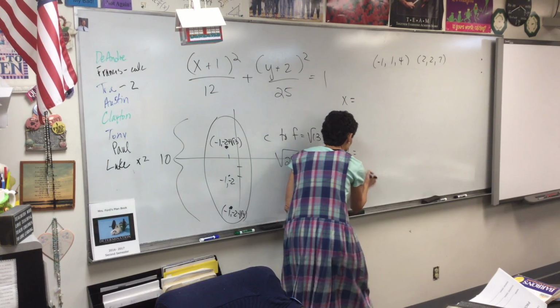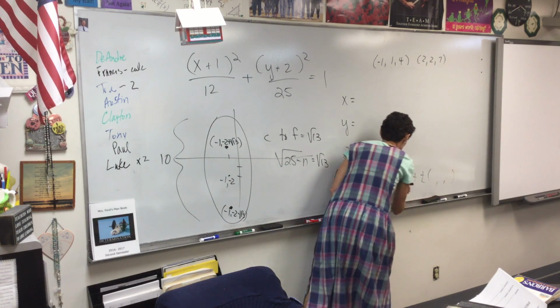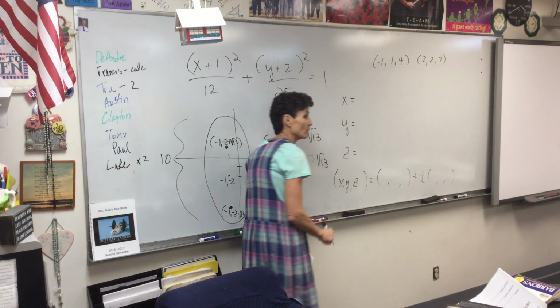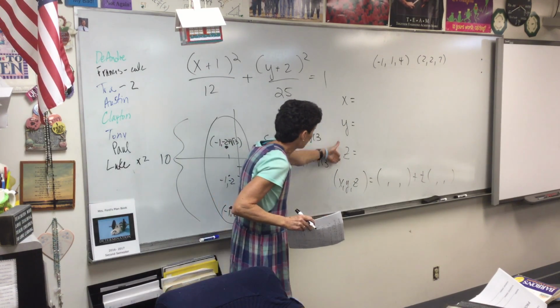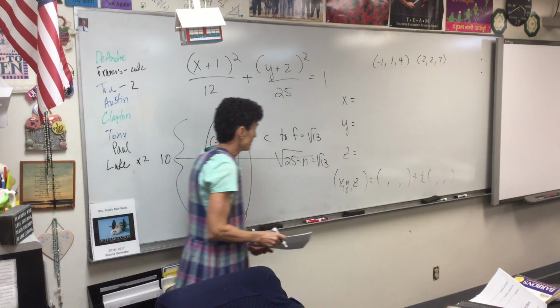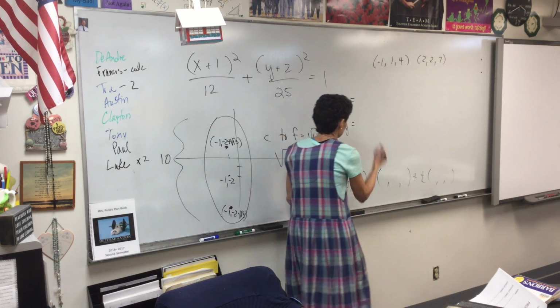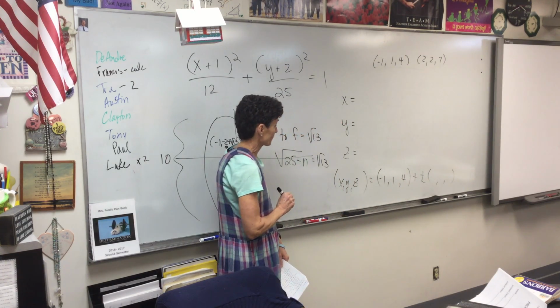I'm going to start by writing the vector form. You do not have to do this. This is my personal preference. It's going to tell me what x, y, and z are all together, and then I'll split them up. So what goes here? Negative 1, 1, 4, or 2, 2, 7.